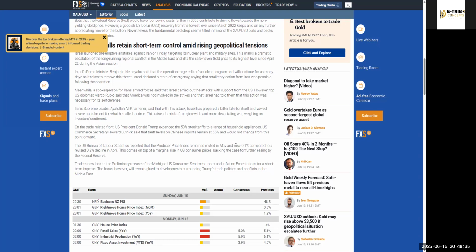I remember on Friday we had something. May rose 0.1 compared to a revised 0.2 decline in April. This comes on top of the marginal rise of the US consumer price, backing the case for further easing of the Federal Reserve.